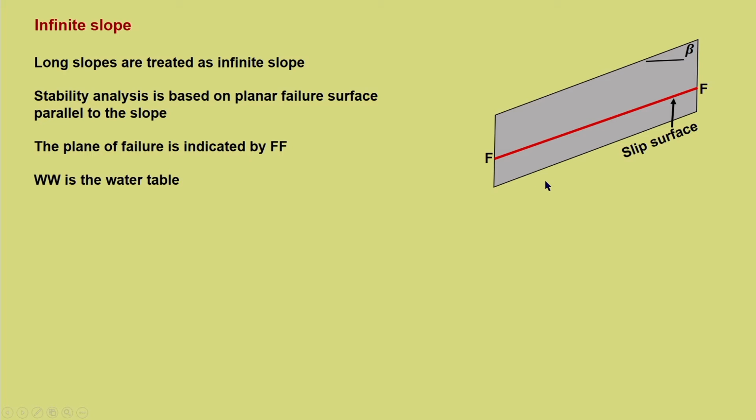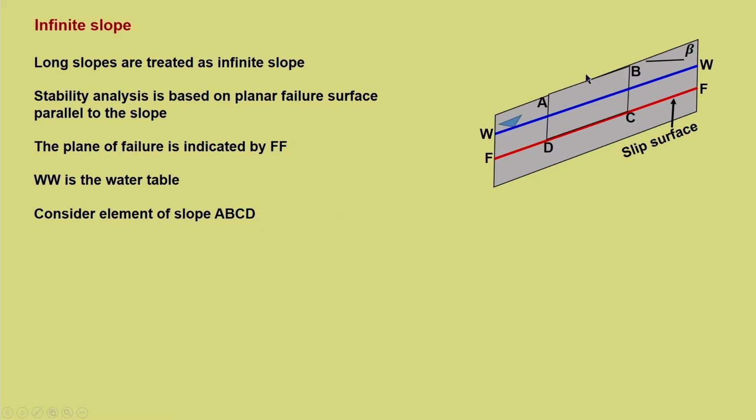Now, let us incorporate a water table into the slope condition, where WW is the water table within the slope. Now, let us consider an element of the slope, ABCD, and let us try to analyze this. The length of AB is L along the slope.